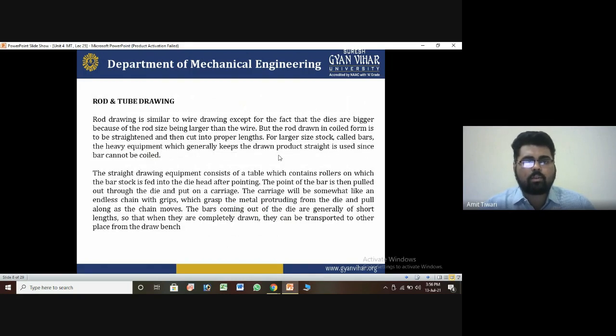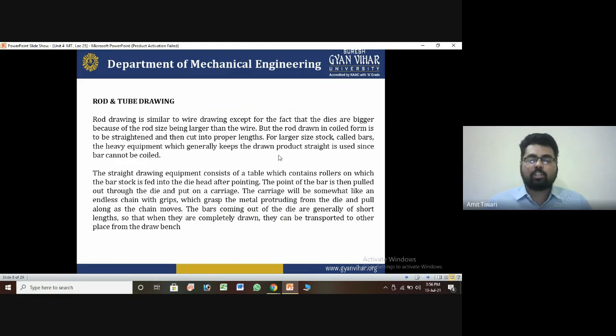So the rod drawing is similar to wire drawing, except for the fact that the dies are bigger because the rod size is larger than the wire. So what is the difference between the rod die and the tube die?